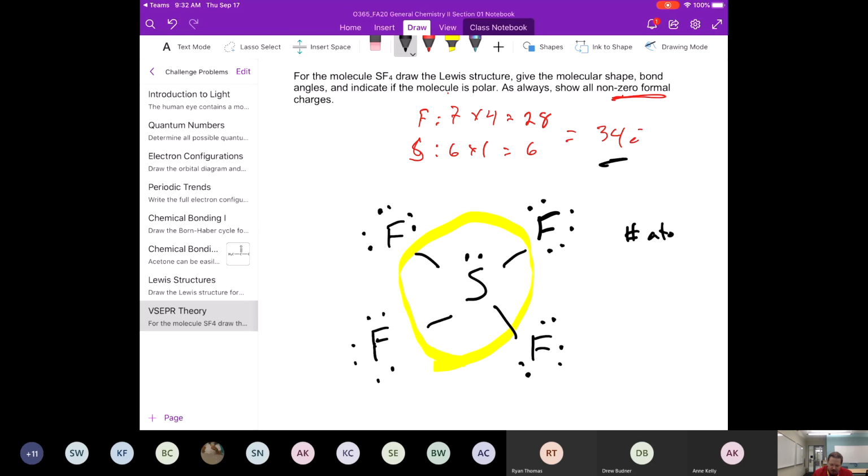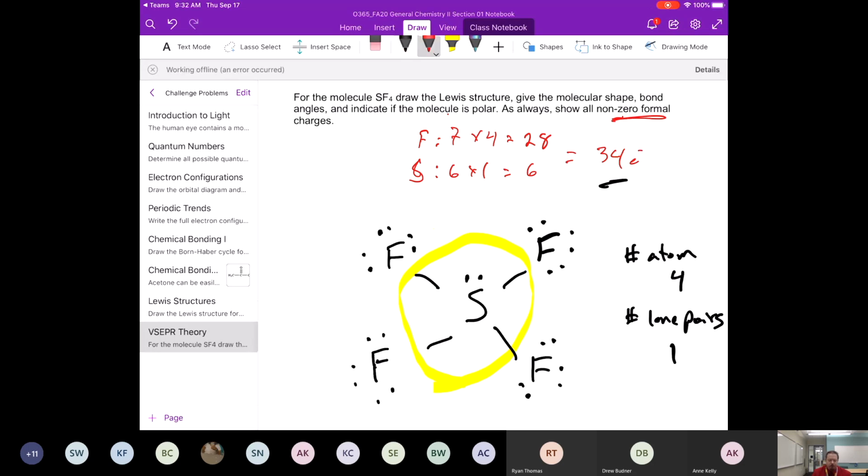We have 4 atoms around it, and one lone pair. If we use the book's notation, we have the central atom A, 4 bonded atoms, and then one lone pair.